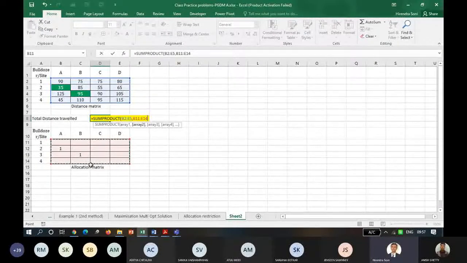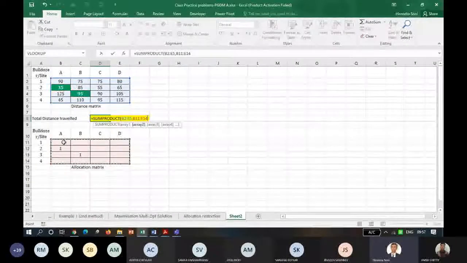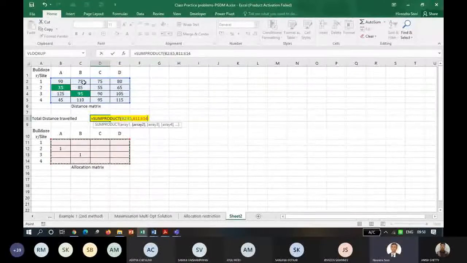Clear? What will happen here is 90 into 0, because this cell is not having anything, 90 into 0 plus 75 into 0 plus 75 into 0 plus 80 into 0 plus 35 into 1 plus 85 into 0 and so on. That is what would be the final outcome of this formula.